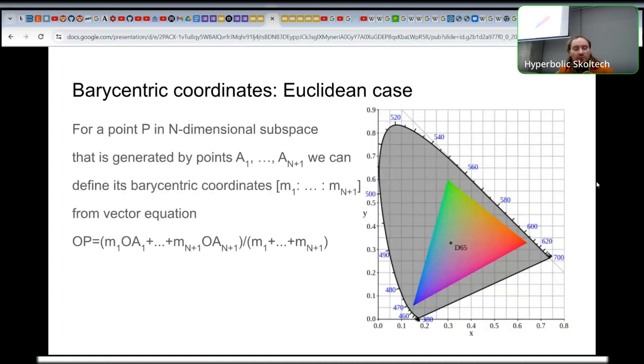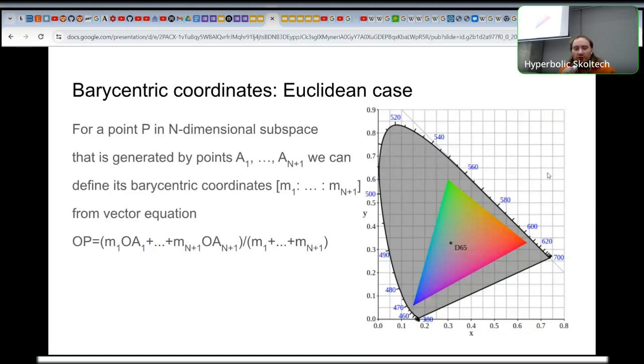And finally, barycentric coordinates. So, in the Euclidean case, barycentric coordinates are just what? If you take n plus 1 points in an n-dimensional subspace, you take them as linearly independent points.